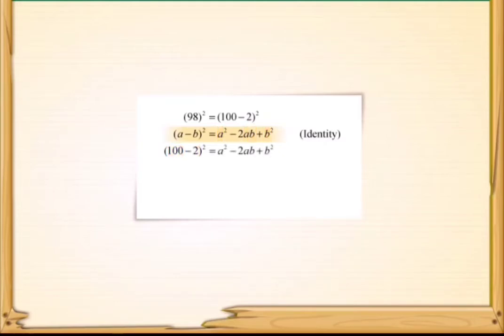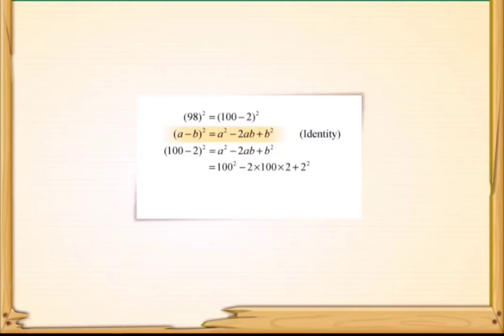98 square can be written as (100 minus 2) whole square. The new expression can be compared with the identity (a minus b) whole square. If you compare the left-hand side of the identity with (100 minus 2) whole square, you can substitute a with 100 and b with 2 on the right-hand side of the identity, to get 100 square minus 2 multiplied by 100 multiplied by 2 plus 2 square.